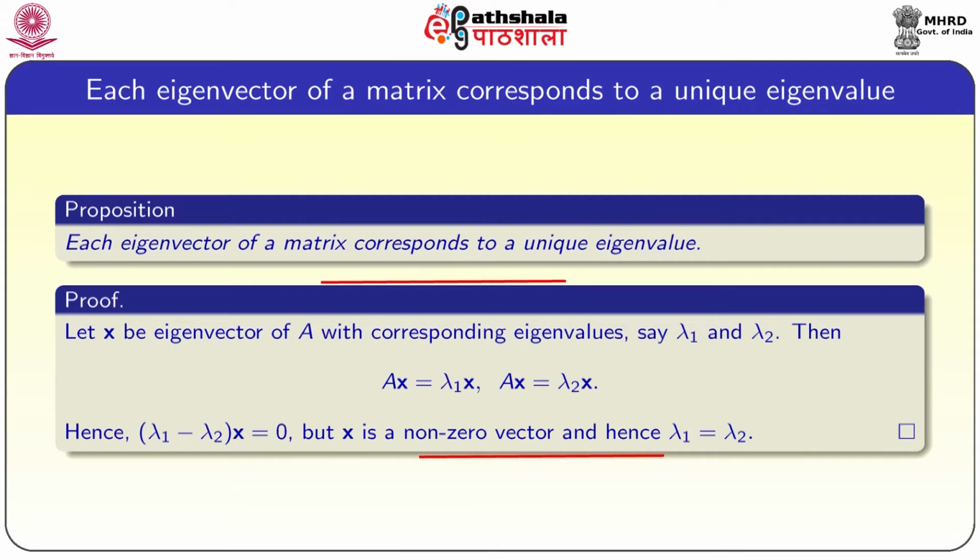Hence, if you equate these, we will get lambda 1 minus lambda 2 into x equal to 0. But by definition, eigenvector is always a non-zero vector. So, x is a non-zero vector, so lambda 1 minus lambda 2 has to be 0. In other words, lambda 1 is equal to lambda 2. So, each eigenvector of a matrix corresponds to a unique eigenvalue.